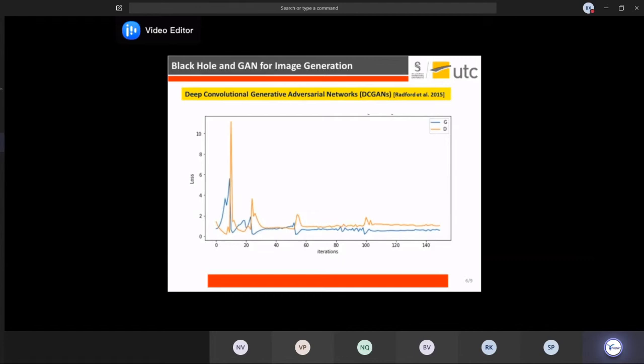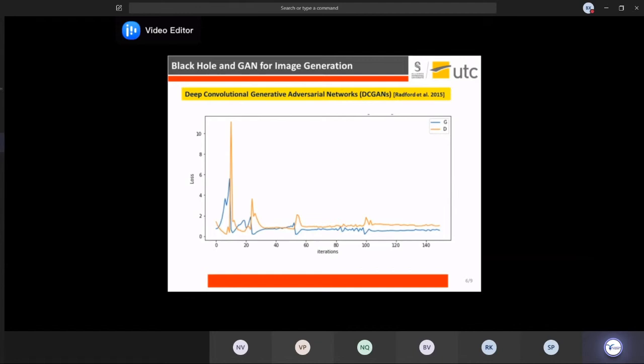The second model we tested is the deep convolutional GAN. Normally, this convolutional operation is dedicated to image processing. Here we can observe that the convergence is very quick, and the training time is 30% faster than the Wasserstein GAN model.